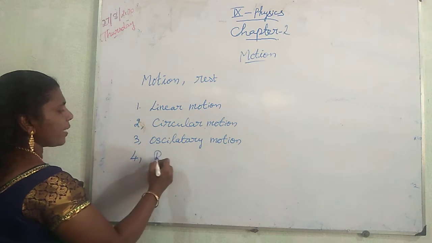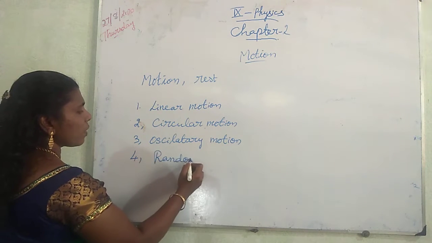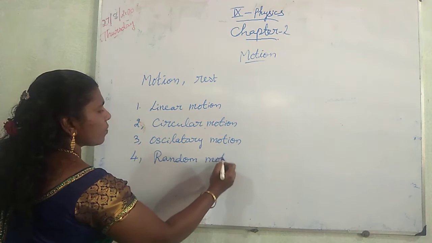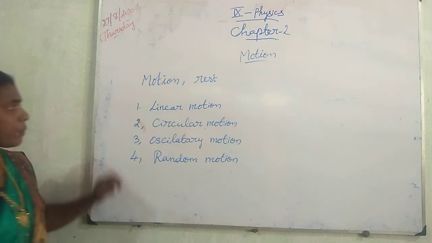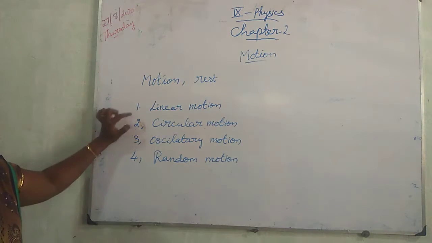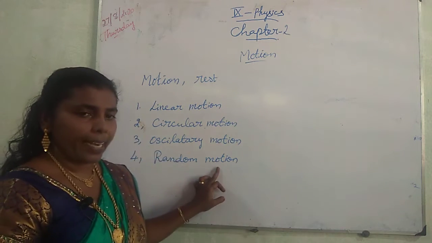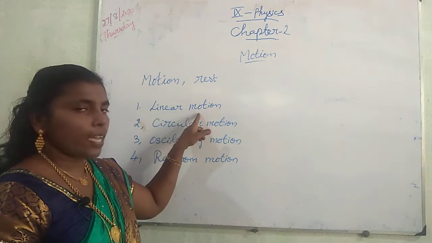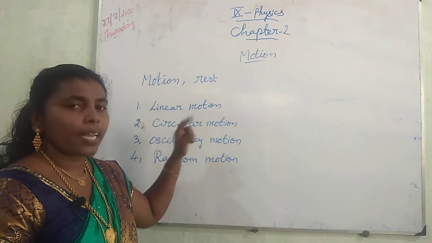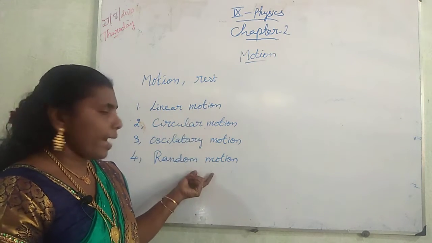Fourth one, random motion. See the types of motion: linear motion, circular motion, oscillatory motion and random motion.